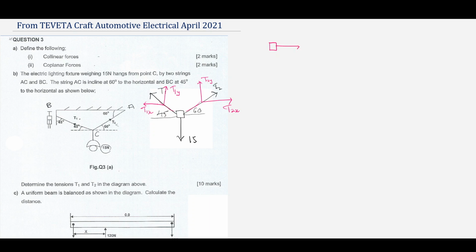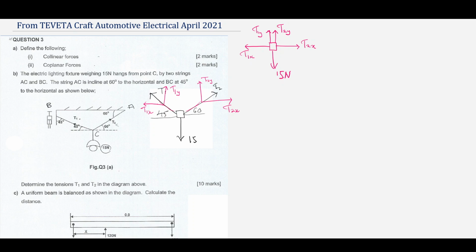We have a force in this direction, which is T2x, and a force in that direction, which is T1x. We have the weight force, which is 15 newtons, and a component in that direction, which is T1y, and another component in that direction, which is T2y.